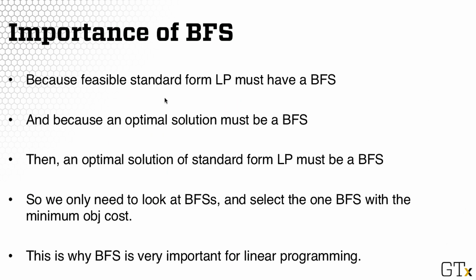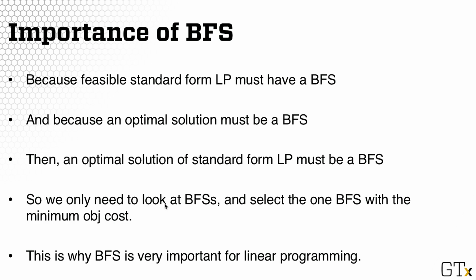Okay, so let's summarize the importance of basic feasible solutions. First, a standard form LP must have a basic feasible solution if it's feasible. And because an optimal solution must be a basic feasible solution, therefore, if a standard form LP has an optimal solution, meaning a finite optimal solution, then one of the optimal solutions, or the optimal solution if it is unique, must be a basic feasible solution.